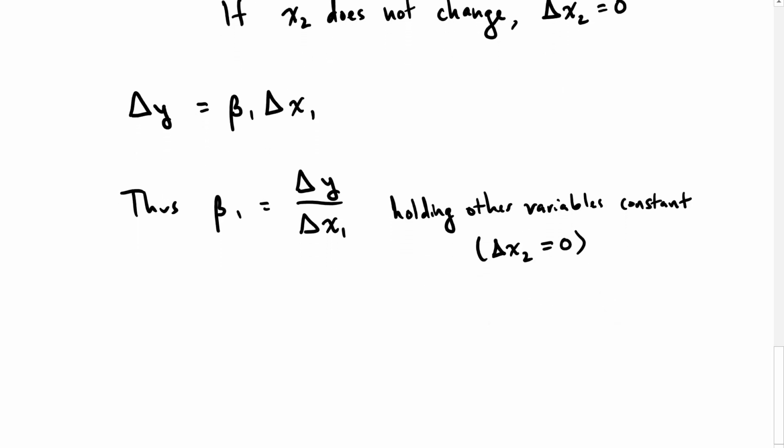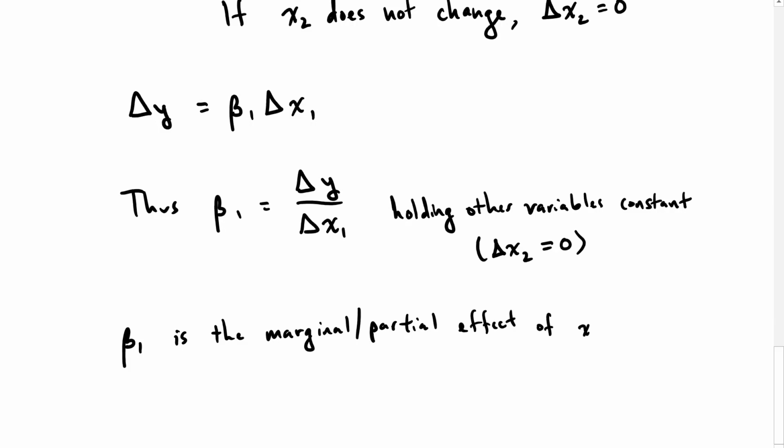And to write that out, we can say beta 1 is the marginal or the partial effect of x1 on y.